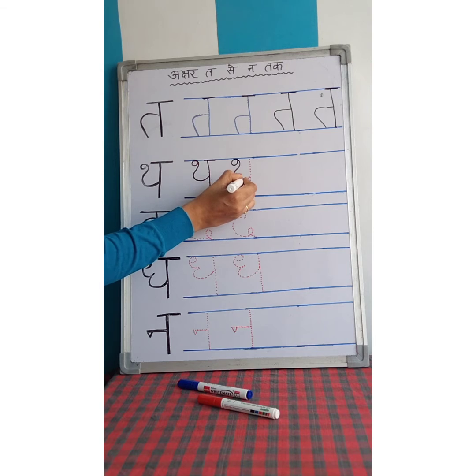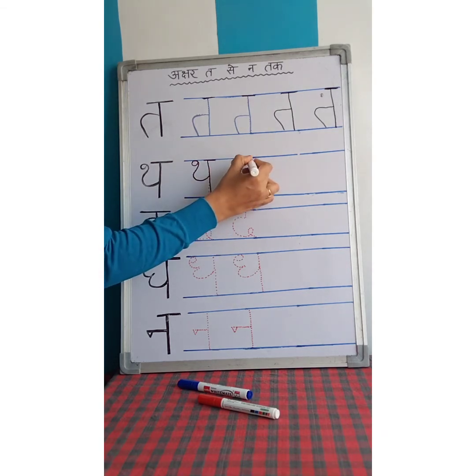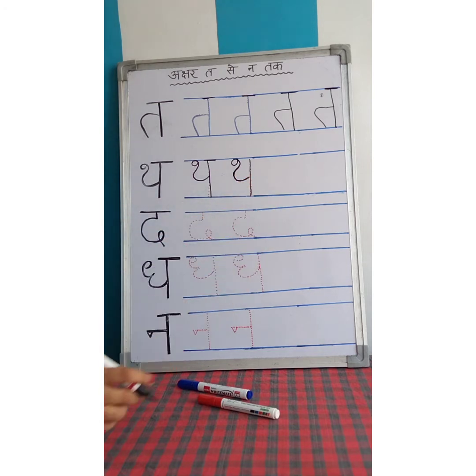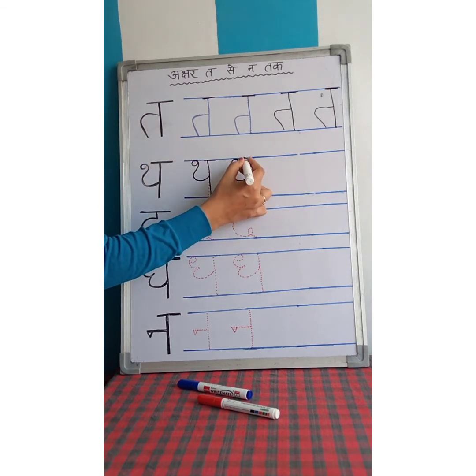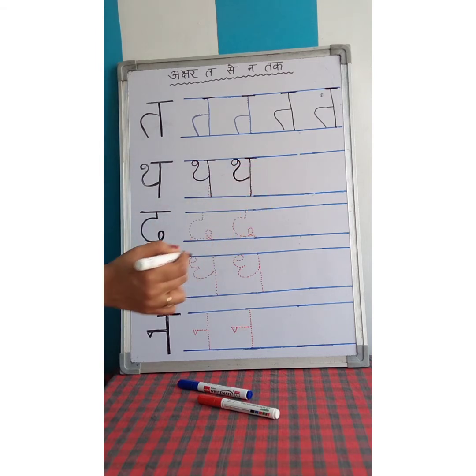First we'll draw the circle, then the curved line. Curved line is like S, students, and then the standing line like this. And don't forget to draw the overhead sleeping line after the circle. Don't draw the overhead sleeping line over the circle.